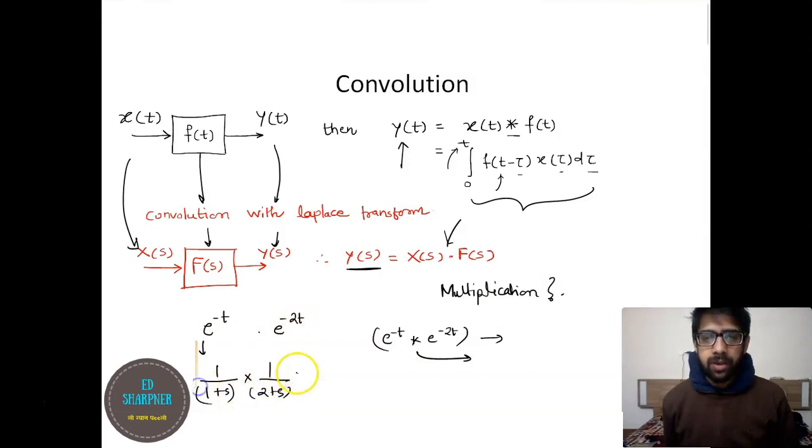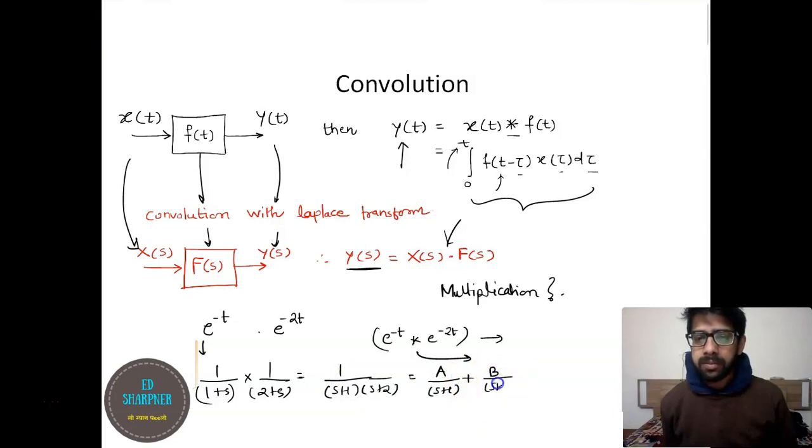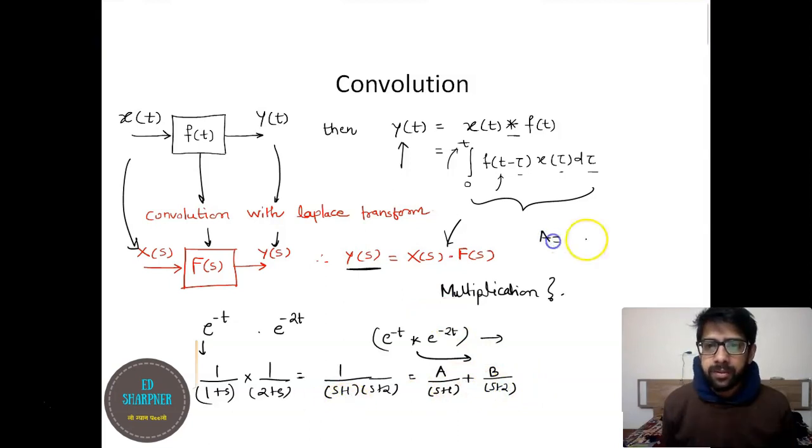So what is the output? It will be 1 upon (s plus 1)(s plus 2). If I convert this into partial fractions, let me assume A upon s plus 1 plus B upon s plus 2. If I solve this, I get the values of A and B. A is equal to plus 1 and B is equal to minus 1.